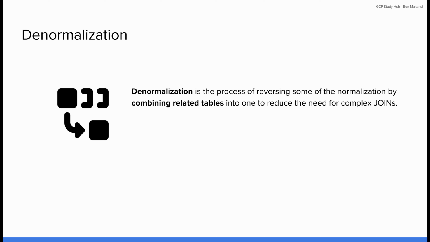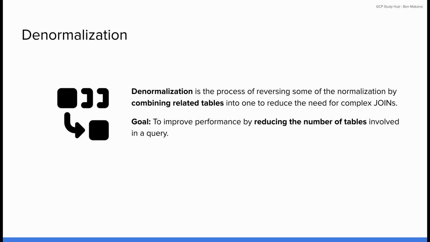So instead of querying multiple tables and using joins, denormalization allows you to store more data in fewer tables, sometimes a single table. This can improve performance, particularly when you're working with large data sets where joins might be expensive and time-consuming. Essentially, you're simplifying the query process by reducing the number of tables involved in a query.